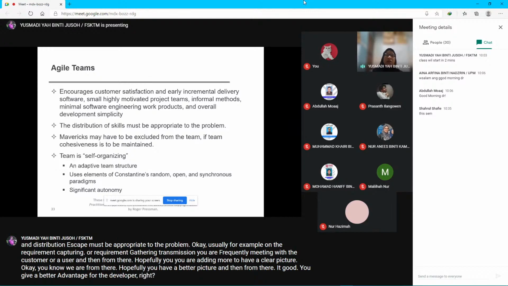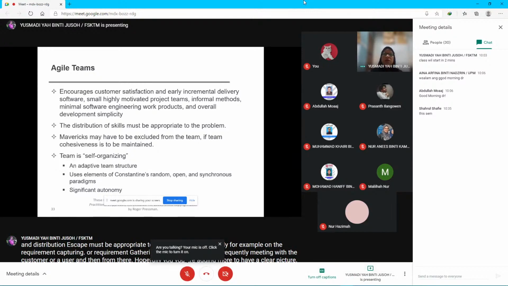Distribution of skill must be appropriate to the problem, because you are trying to produce fast development and reduce development time, so very specific skills are required.